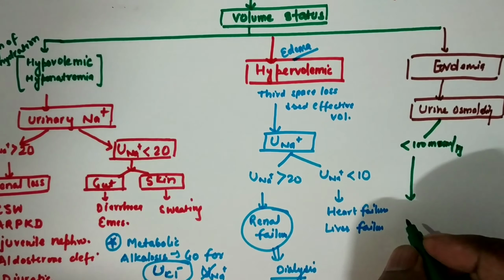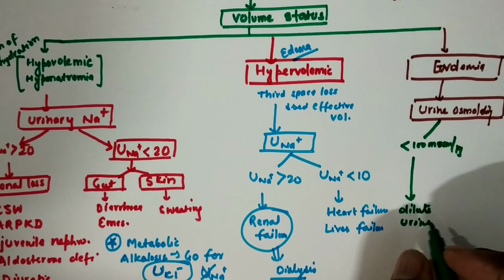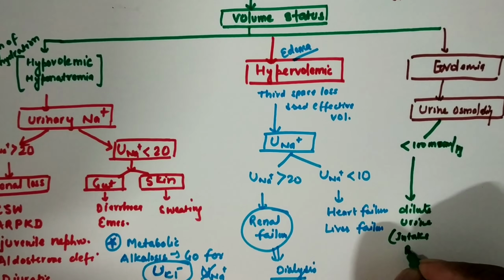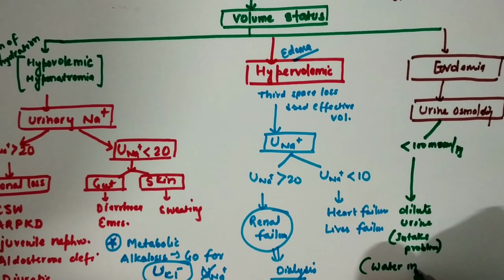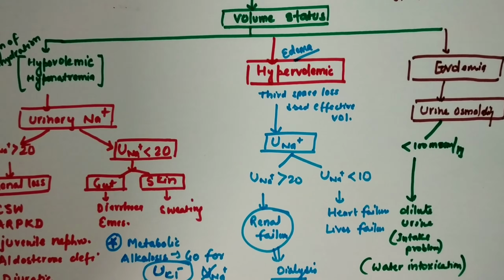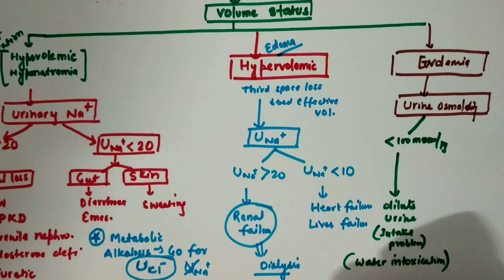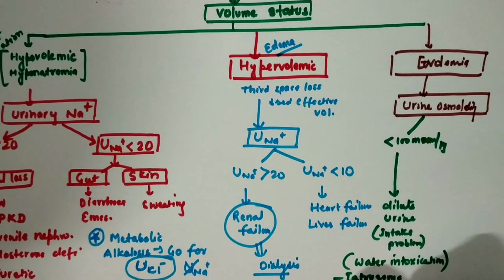If it is less than 100, this means we have dilute urine. There is an intake problem, water intoxication, either iatrogenic infusion of hypotonic fluid or primary psychogenic polydipsia.